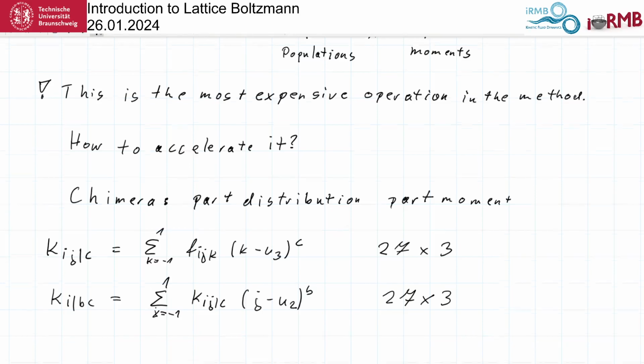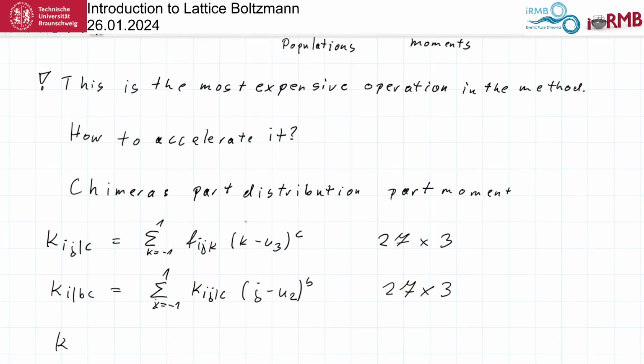And then you come to the actual central moment, which is KABC, I equal to minus 1 and 1, KIBC, I minus U1 A, and again this is 27 times 3.